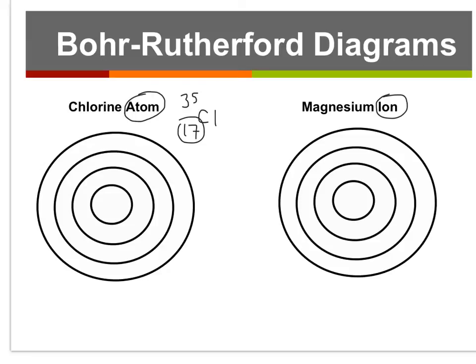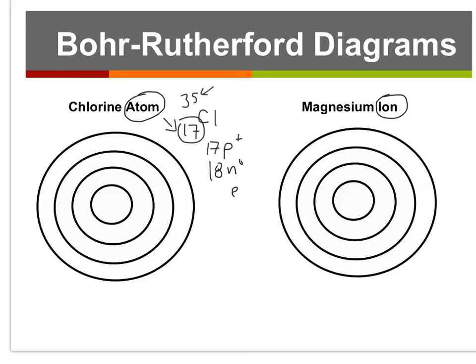Recall, our atomic number gives us the number of protons, so that means we've got 17 protons. Our number of neutrons is our mass number minus our atomic number, so 35 minus 17 gives us 18 neutrons.